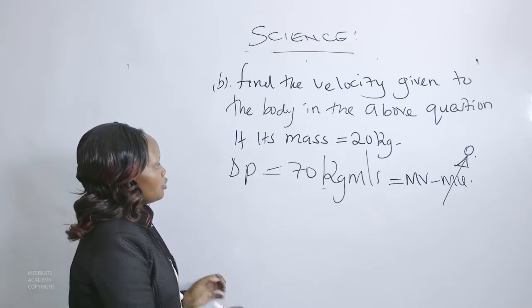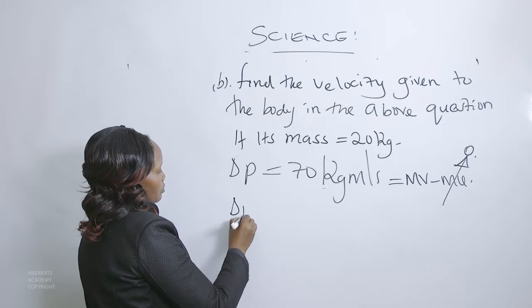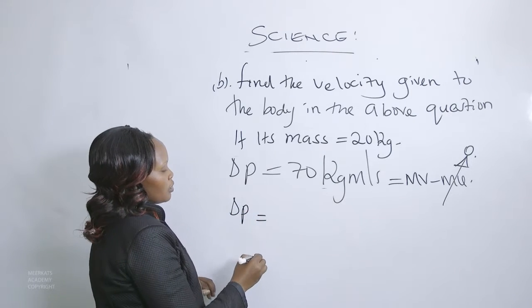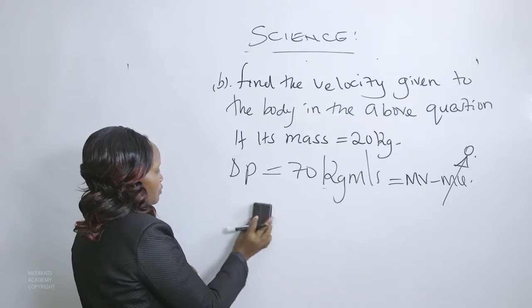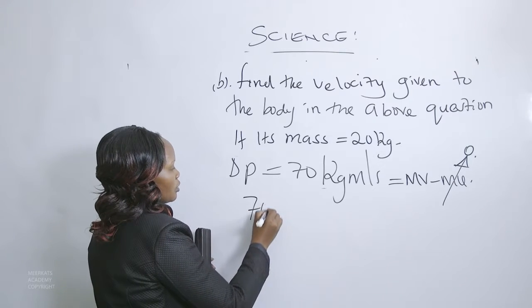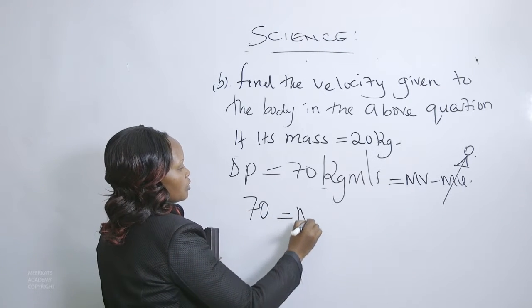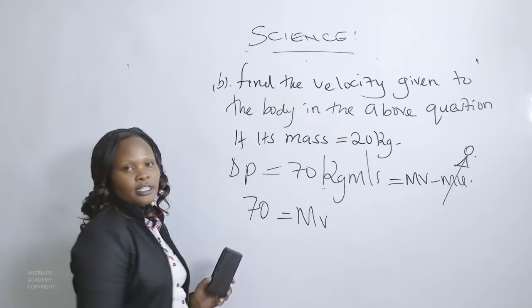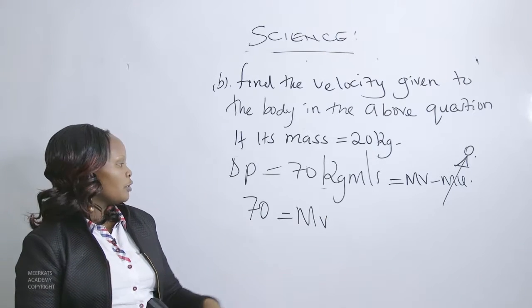Therefore, 70 is the product of mass and the velocity which we are looking for.